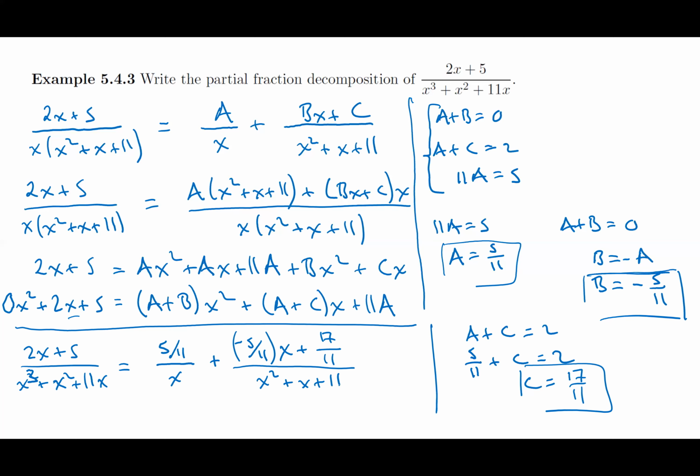And really, it might be worth noting that you can rewrite this as 5/11x, and then minus, and since these denominators are both 11, 5x minus 17 all over 11 times x squared plus x plus 11.